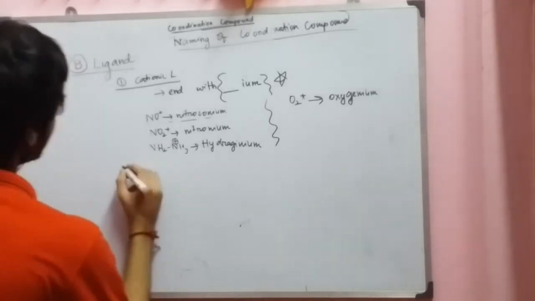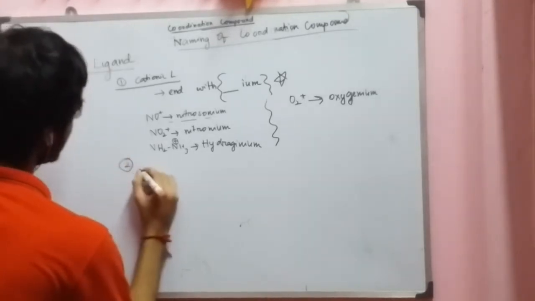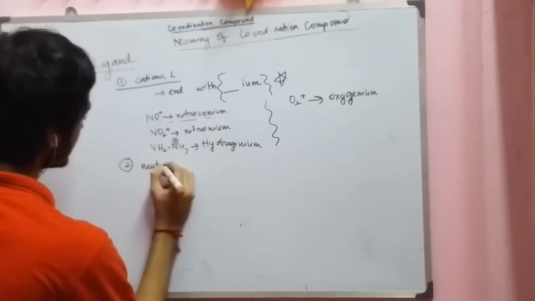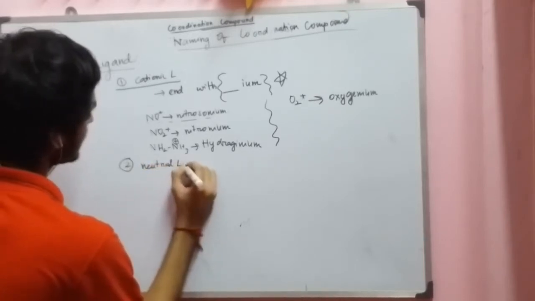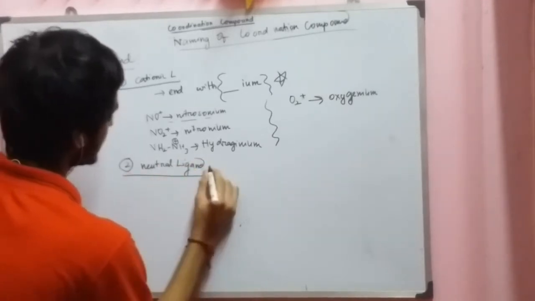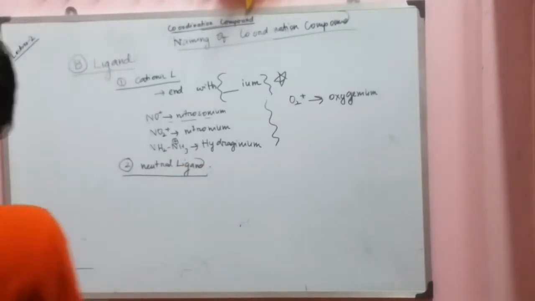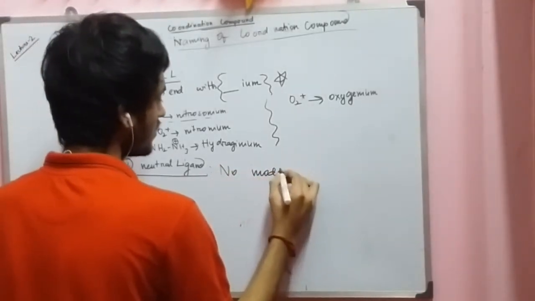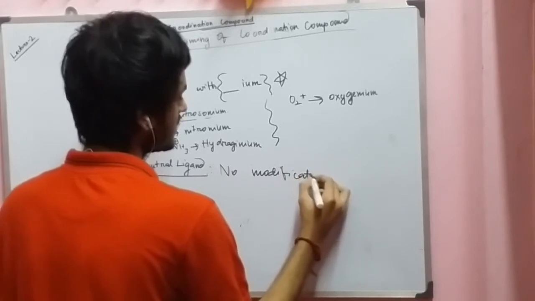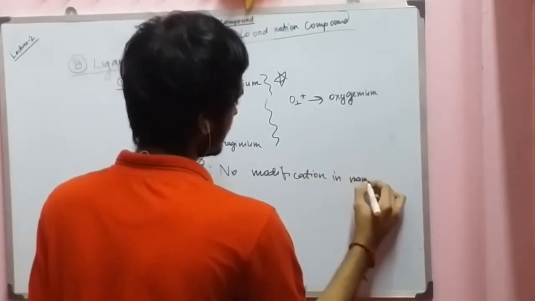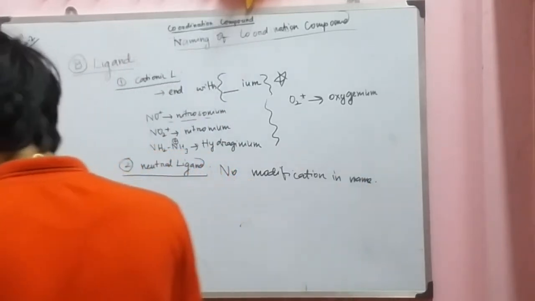Cationic ligand done. The second type of ligand is the neutral ligand. For a neutral ligand there is no modification in the name.